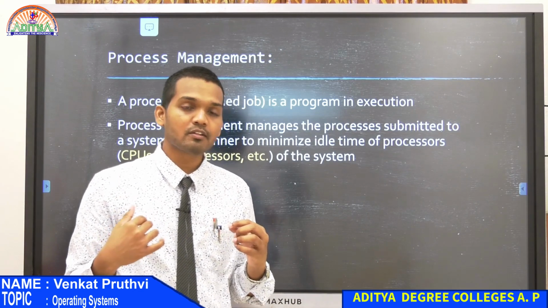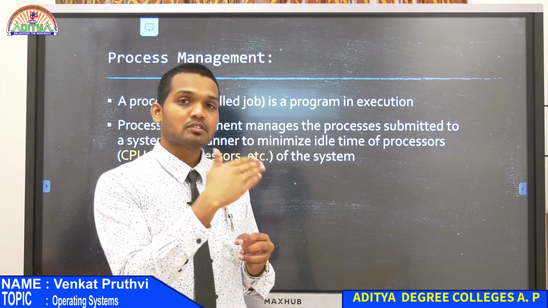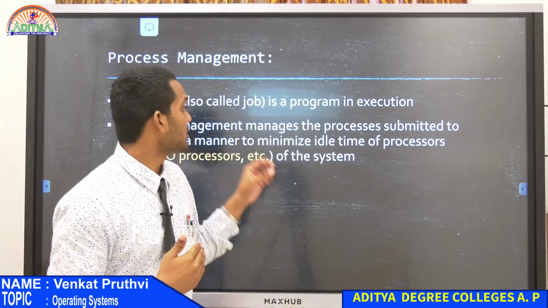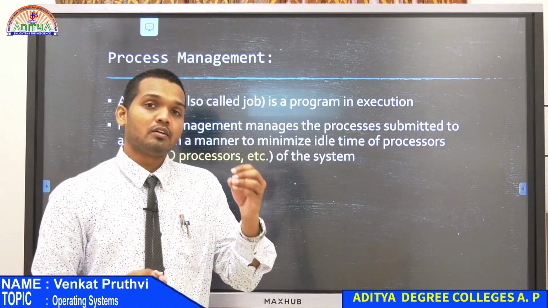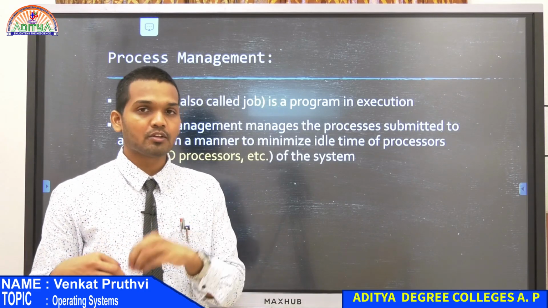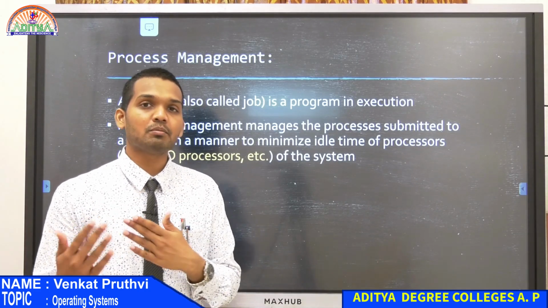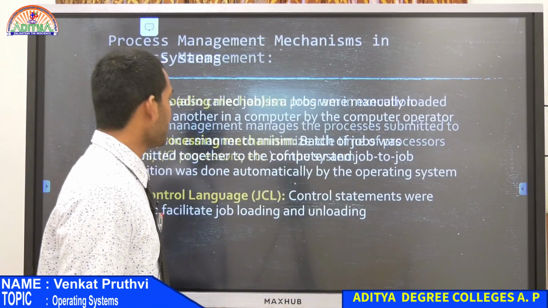In that time the CPU is idle. The process scheduling algorithms, or process management algorithms, will in the meantime send the P2 and P3 processes into the CPU and efficiently manage them, instead of wasting the idle time of the processor.